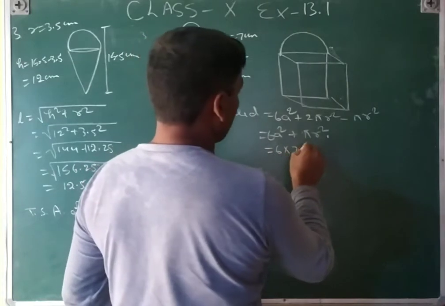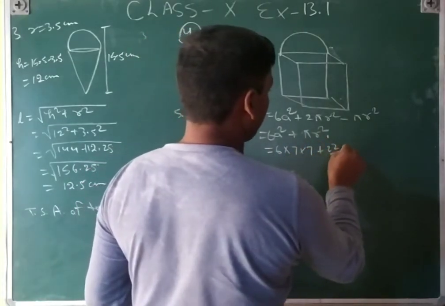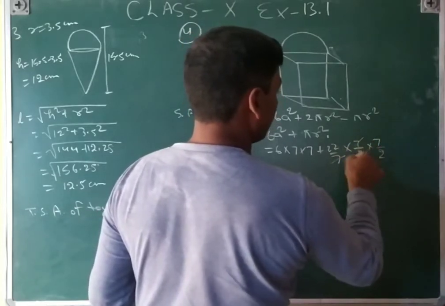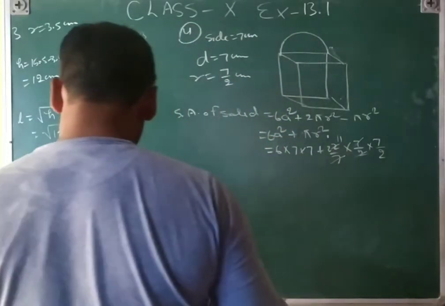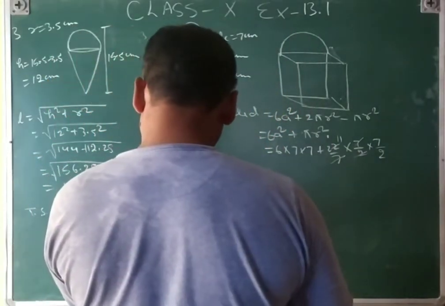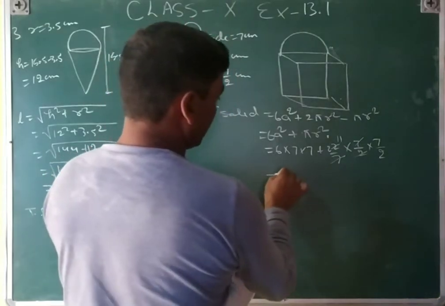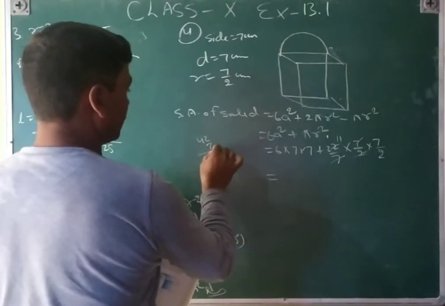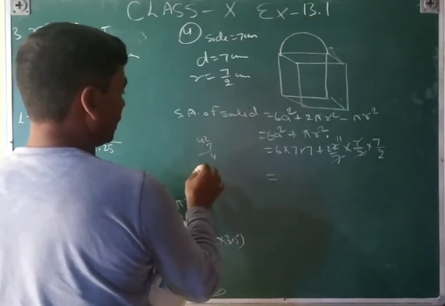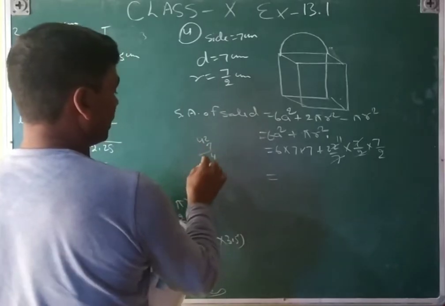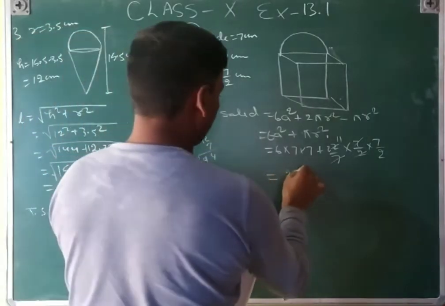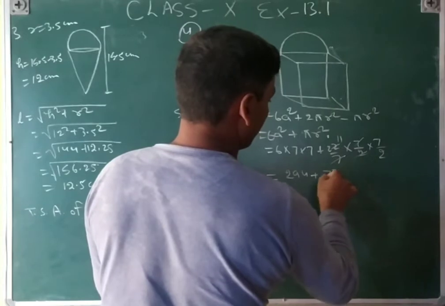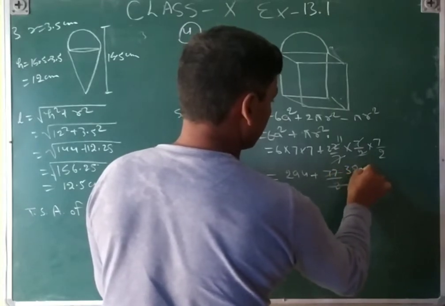6 into 7 into 7 plus 22/7 into 7/2 into 7/2. 7 cancels by 7, 2 11s are 22, 2 11s are 22. By calculation, 7 7s are 49, 7 6s are 42, 294 plus 77/2, that is 38.5.